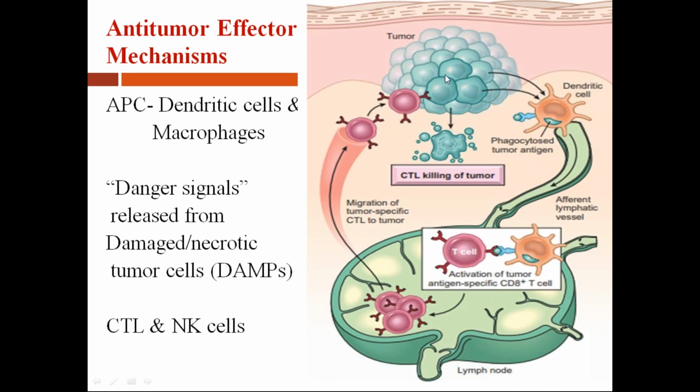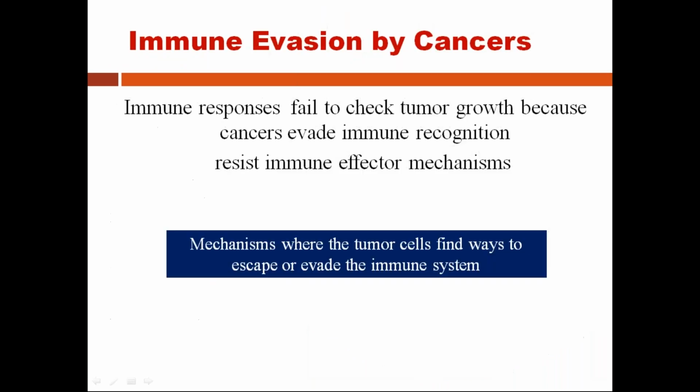It causes the damage or destruction of the tumor tissue because it recognizes the antigens expressed on the tumor cells as foreign antigens, and then it attaches to the foreign antigen with the help of the TCR receptor. Okay, so that is the anti-tumor mechanism which is involved.